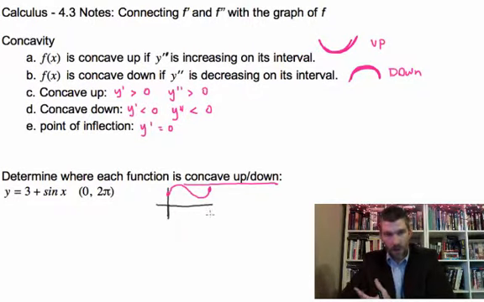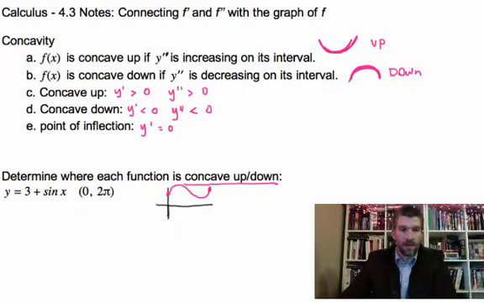If you don't remember, use a graphing calculator to crank it out, but you're looking at pi being right here and 2 pi being right here. So pi over 2 and 3 pi over 2. Obviously this part right here is concave down, and this part right here is concave up.